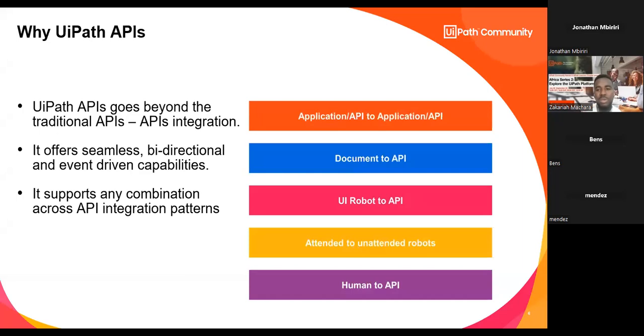Maybe document to API, a seamless integration when you want to extract data from documents and update somewhere by use of an API. You can also see UI robot to API, attended to unattended robots, human. These are all use cases that we can use. Thirdly, not to forget the ability to support any combination across API integrations, in this case, the integration pattern.